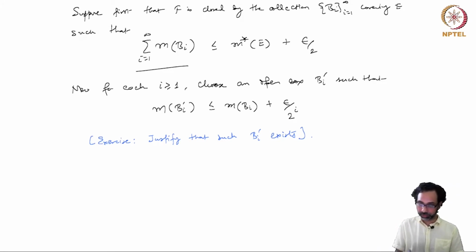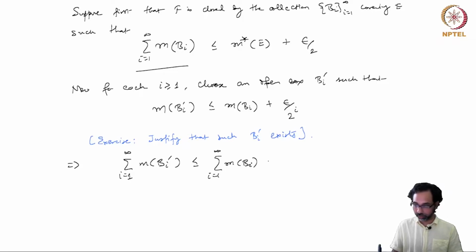So this implies that the sum from i equal to 1 to infinity of m(Bi prime) is less than or equal to the sum i equal to 1 to infinity of m(Bi) plus an extra epsilon here.